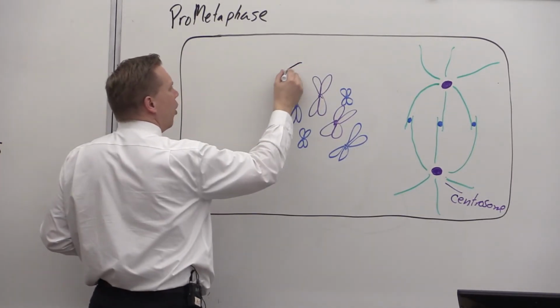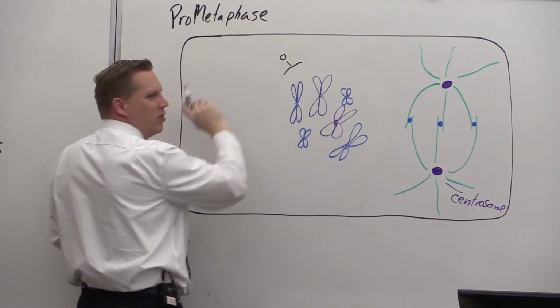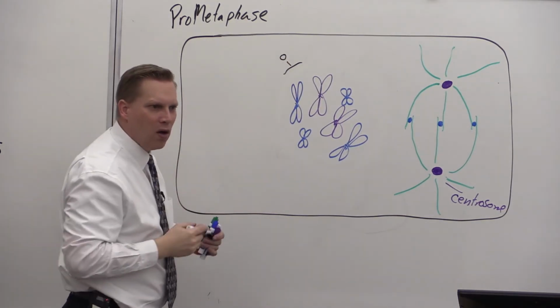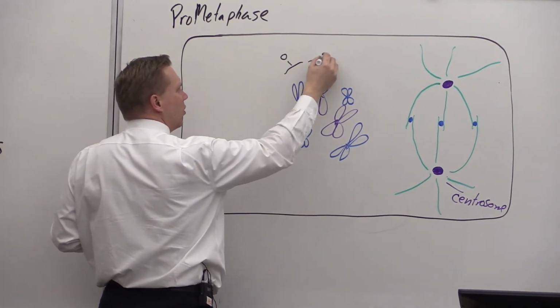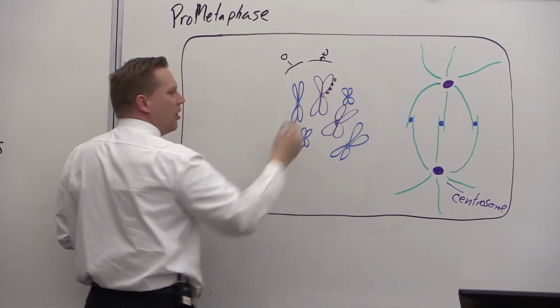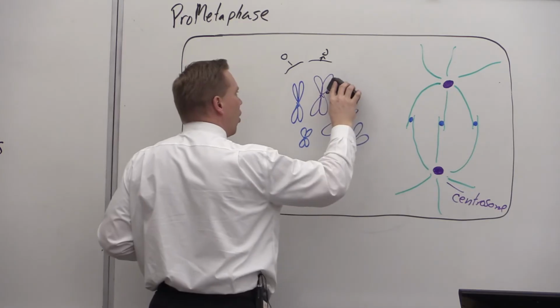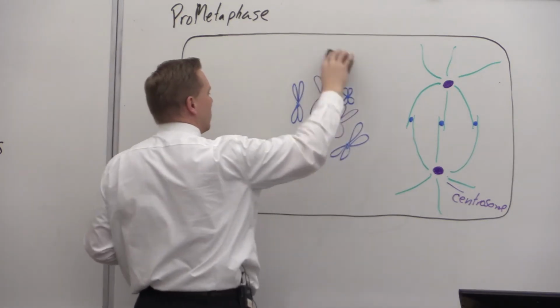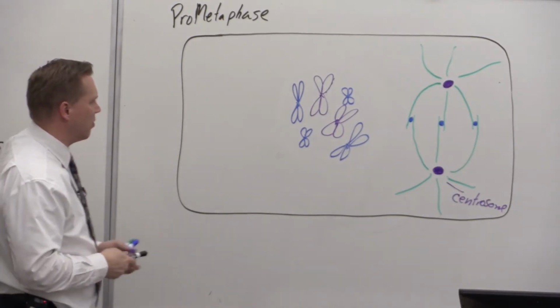The nuclear envelope, we call it vesicularizing. It forms little vesicles, and those vesicles are going to spread all over. Current understanding is that the little vesicles of the nuclear membrane actually hitch rides on the chromosome arms. But that's a whole different story. So we're going to erase these. It's basically forming small vesicles that we can't see under the microscope.